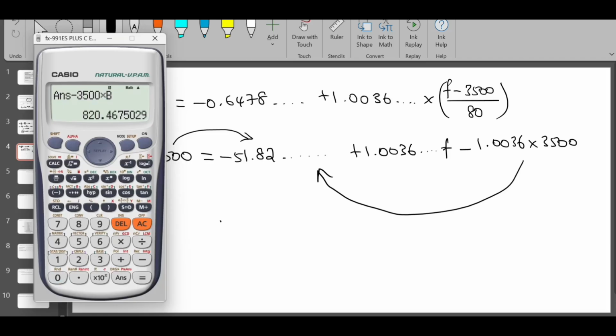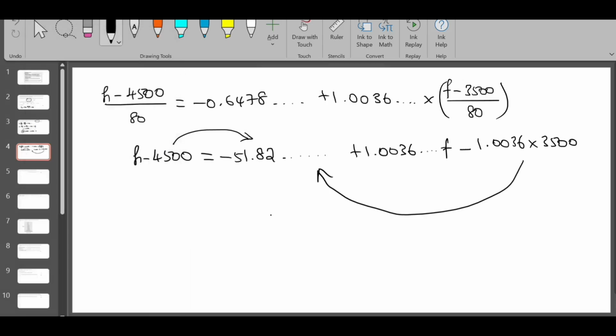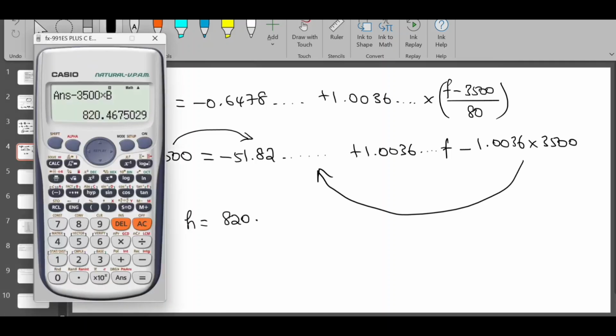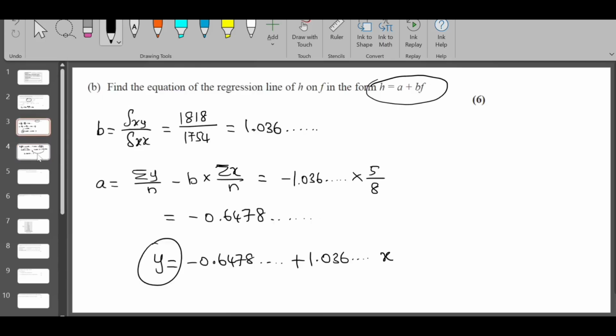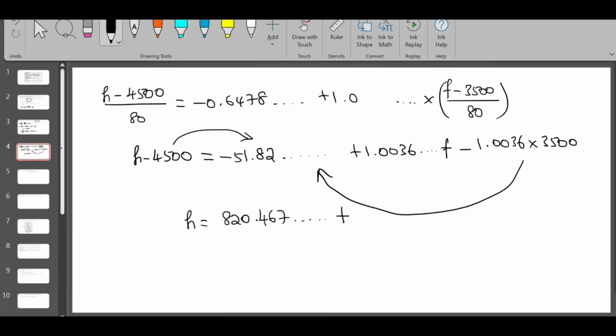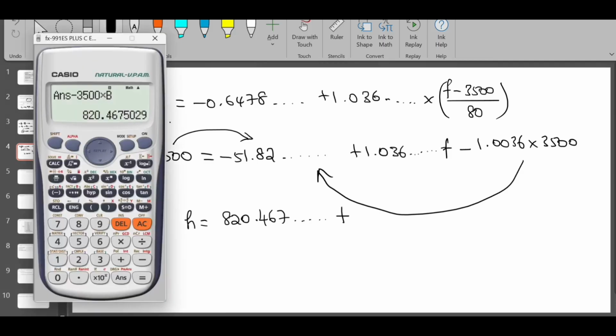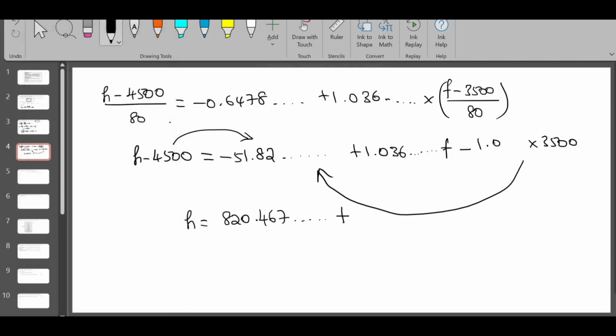So I got 820 point something. H is equal to 820.467 plus the F coefficient, the value of B, 1.036.